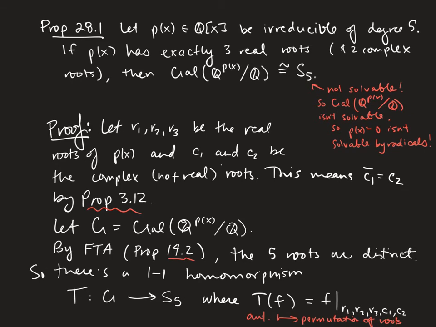And it's one-to-one. So I want to recall a few things about the way that this homomorphism of groups works. Remember that the image T of G, which is the image of T, is a subgroup of the codomain, which in this case is S5. And we already know that T is one-to-one.